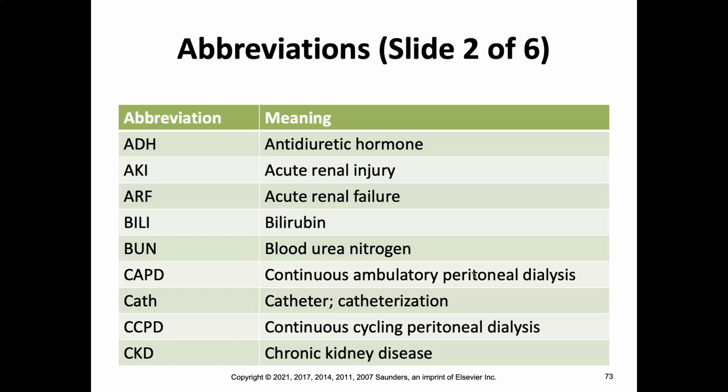And ARF in the wrong context can lead to medical errors. So be very careful with that. AKI, acute renal injury or acute kidney injury, that is a lot more common as well. So again, CKD and BUN, very common. Watch out for ARF.